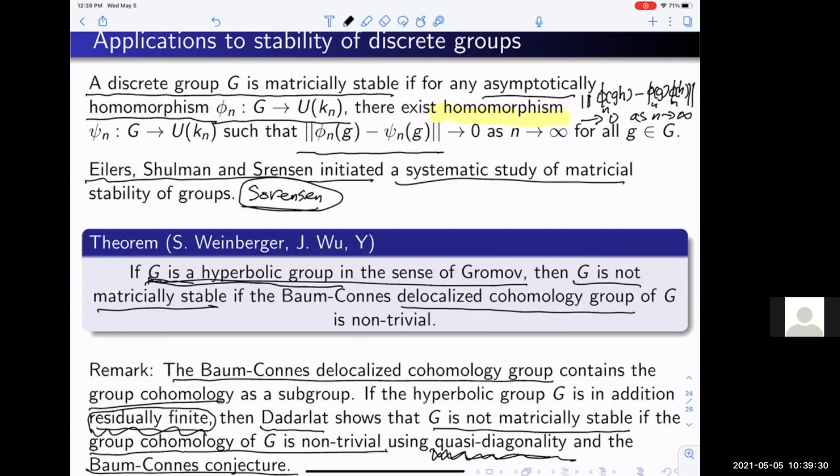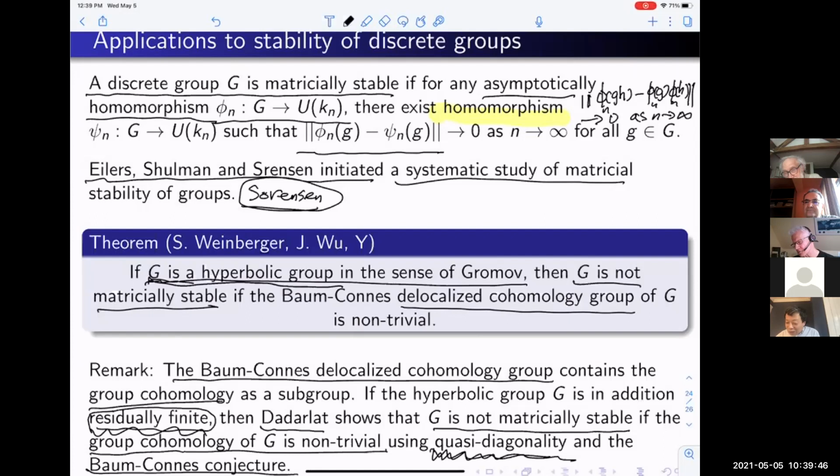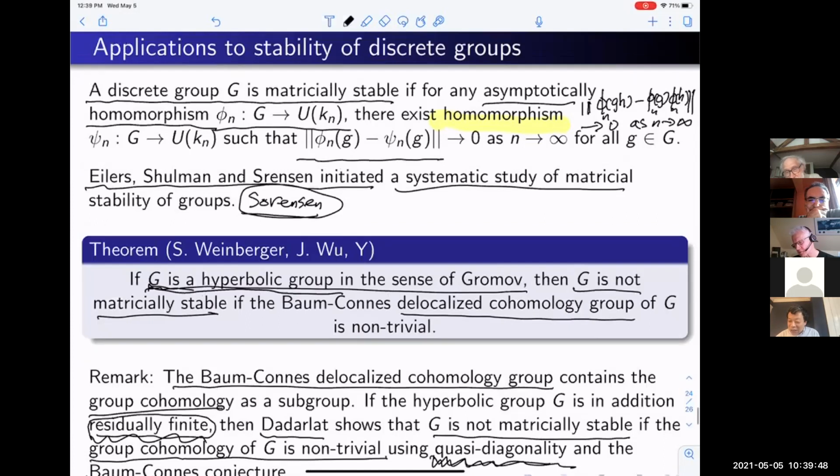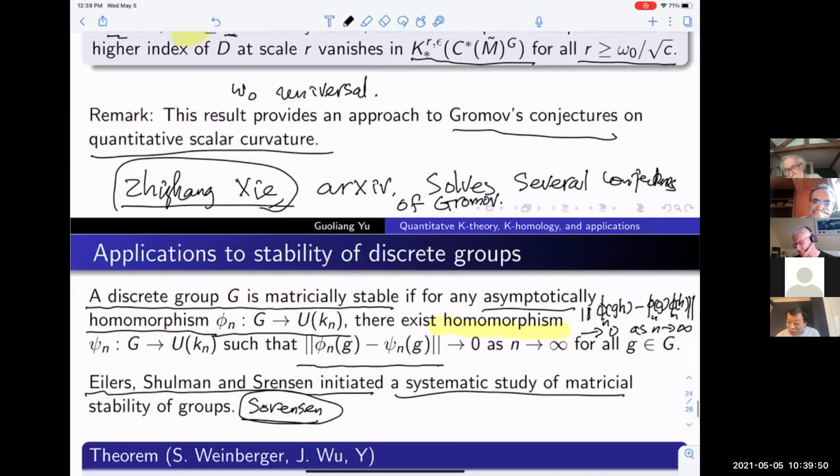What about the controlled version of KK? Oh, yes. In our article, you said something about Bott periodicity, right? In our articles with Rufus, it is a controlled version of KK.